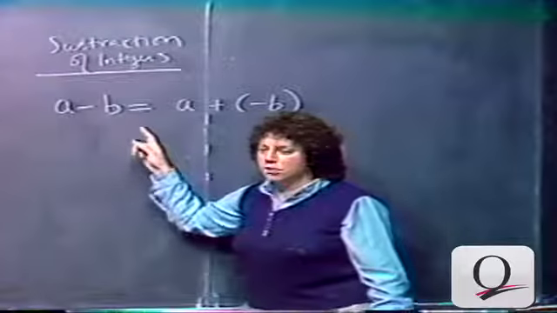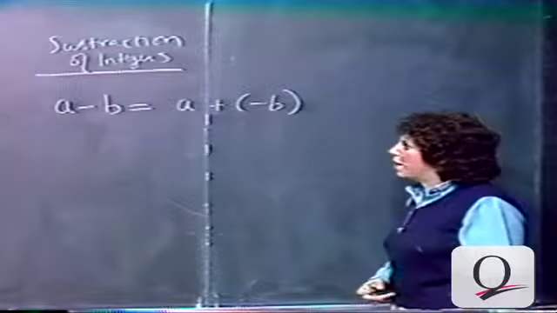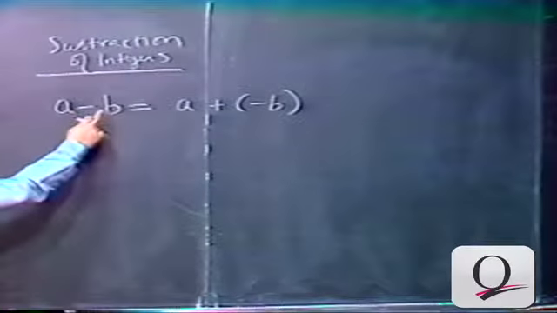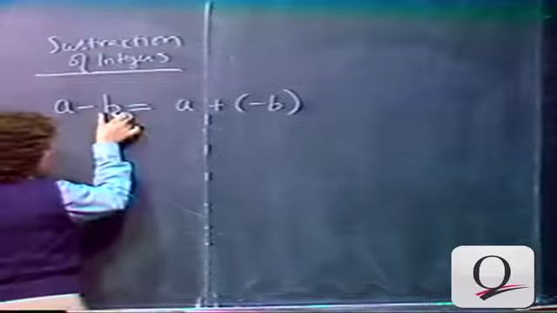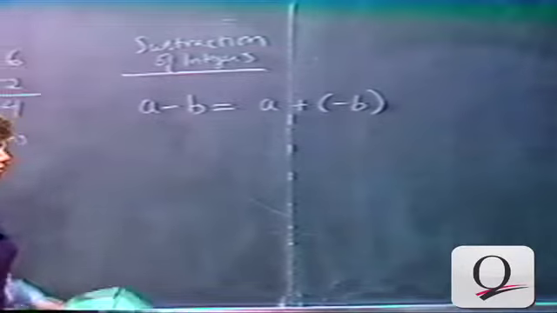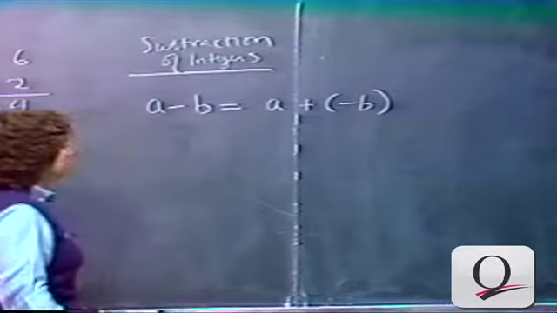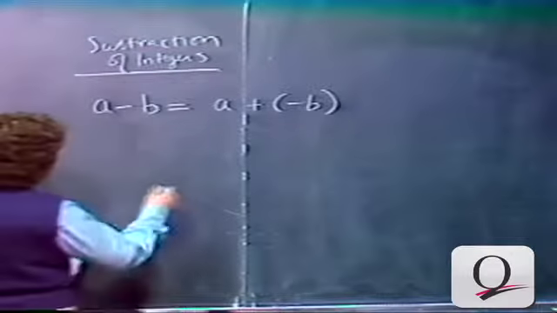Instead of a minus b, it's a plus the opposite of b, a plus minus b. In other words, you're going to change the operation from subtraction to addition, and the number that you're subtracting, you will put a minus sign in front of it. And then you will proceed by following the rules for addition of integers or addition of signed numbers.